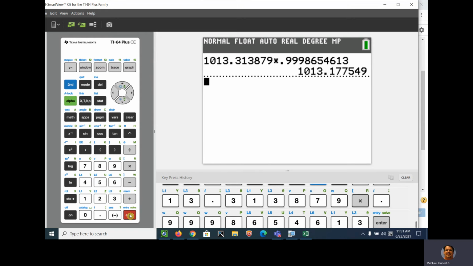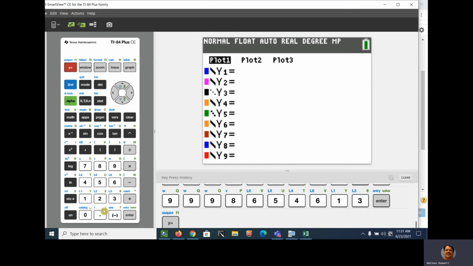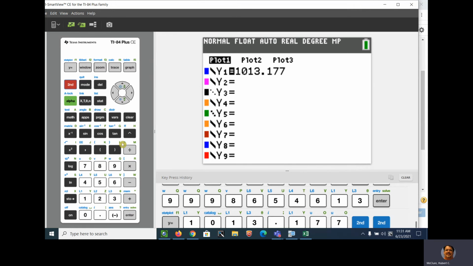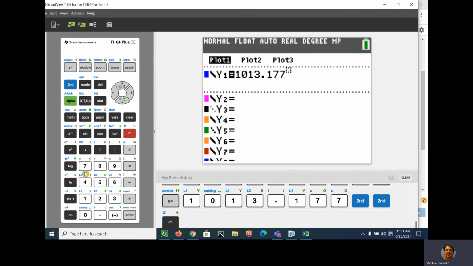And that's 1013.177, 1013.177 raised to the x power.